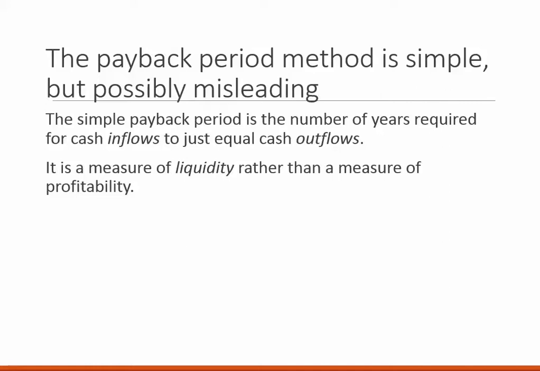Payback period is, well, first of all, there's two kinds of payback period: simple payback period and discounted payback period. The simple payback period is the number of years required for cash inflow to be equal to cash outflow without taking into account the effects of compounding. So it is a measure of liquidity rather than a measure of profitability, and therefore we're talking about cash in without considering compounding.